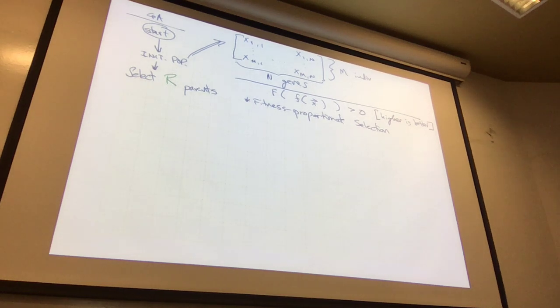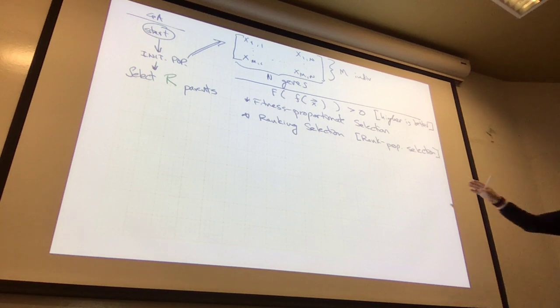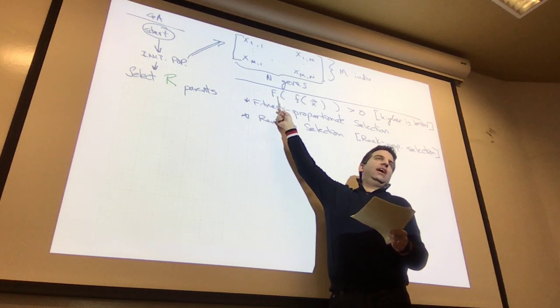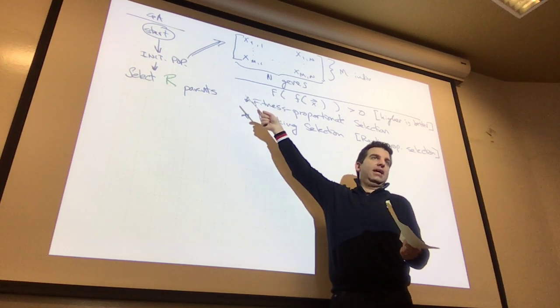Then the other version is ranking selection. There are a bunch of different ways to do that, but one simple option that relates to the previous one is rank proportional selection, where you do the same thing I just said with fitness, but you drop the actual fitness values and replace them with their rankings.